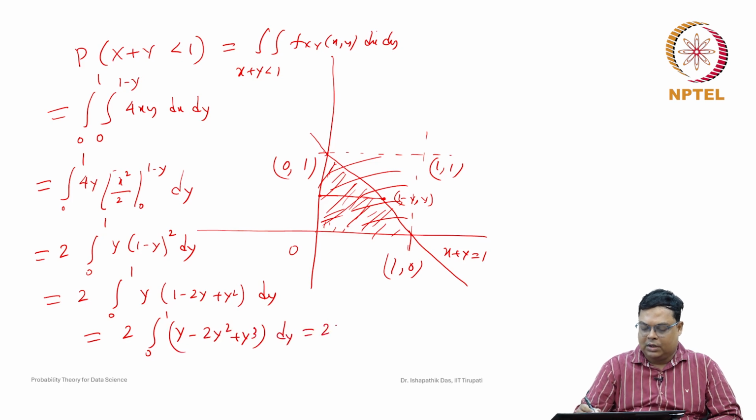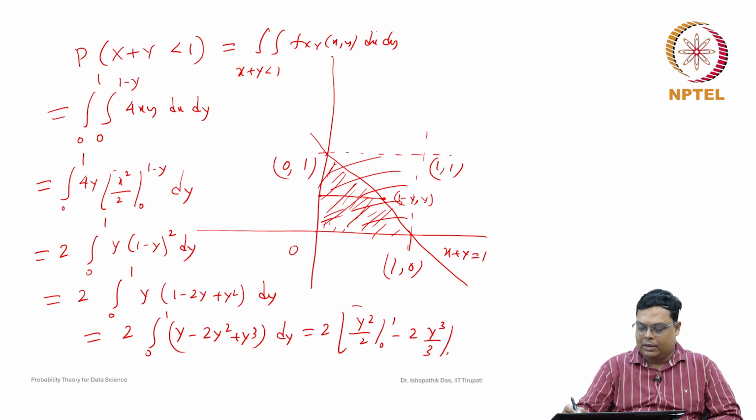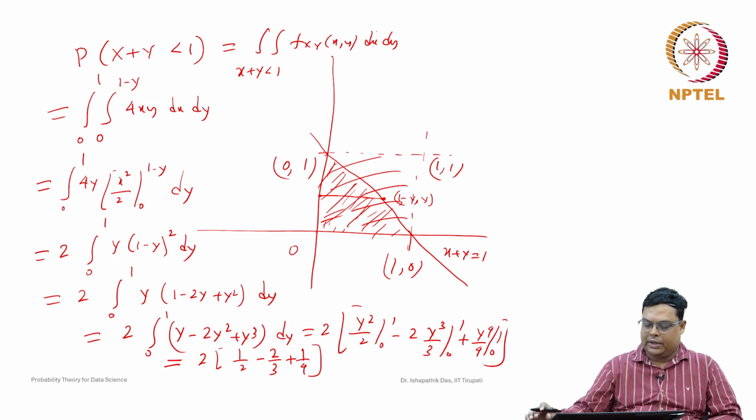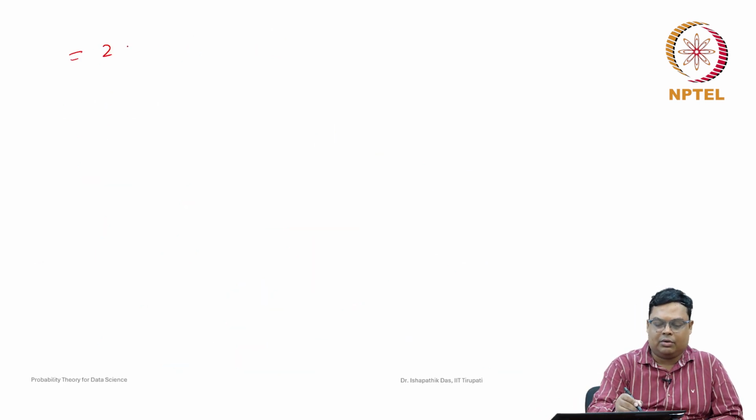Then we do this final integration: it is y square by 2, from 0 to 1, minus 2 y cube by 3, also from 0 to 1, plus y to the power 4 by 4, from 0 to 1. So this is equal to 2 times 1 by 2 minus 2 by 3 plus 1 by 4.